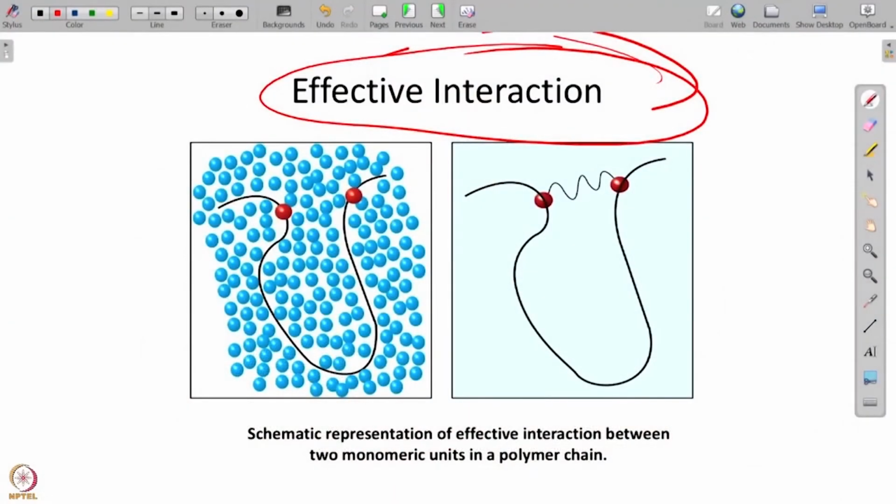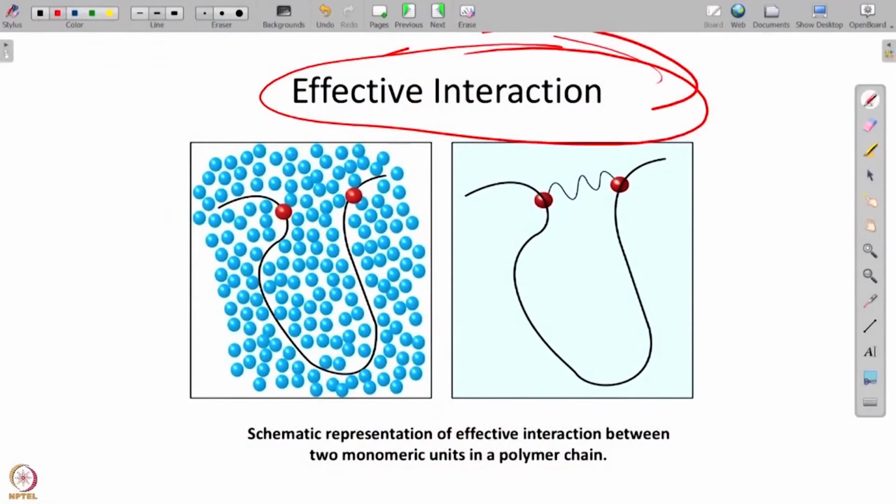Implicit solvent means I will remove the water molecules and it behaves as if it is a continuum, and then I will have interaction between these two guys who otherwise are not interacting, but they will be interacting through the intervening molecules, just as in liquid state.